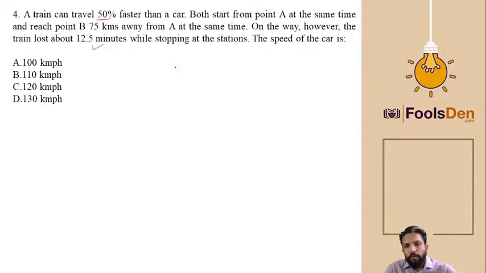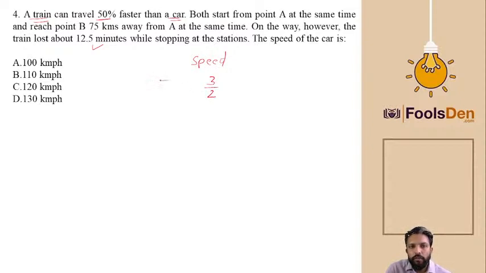Now how to approach this? If I compare the speed of the train with the car, it is clearly written that the train is faster than the car. So if I consider the car's speed as 2, the train's speed will be 3, 50% more.